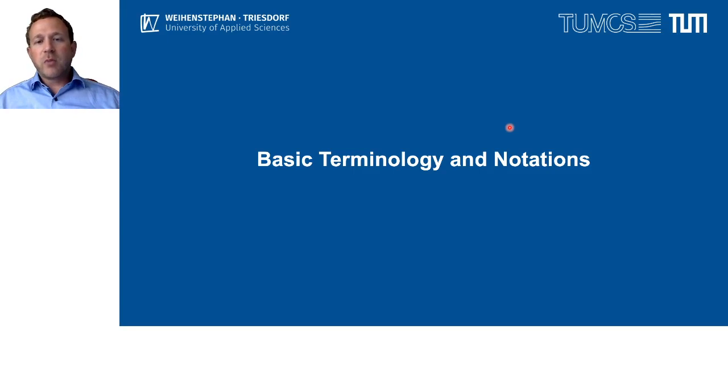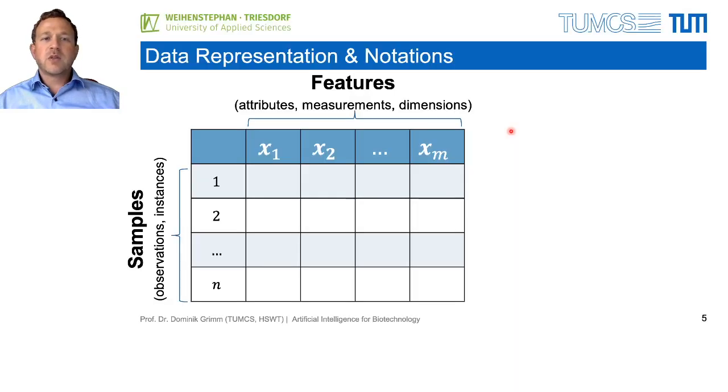This is something very important because this is different from domain to domain. And also, if you read machine learning publications or papers, different authors use different notations. So in this course, I like to define in the beginning how we name things and how we display some of these things. So let's first look at the data.